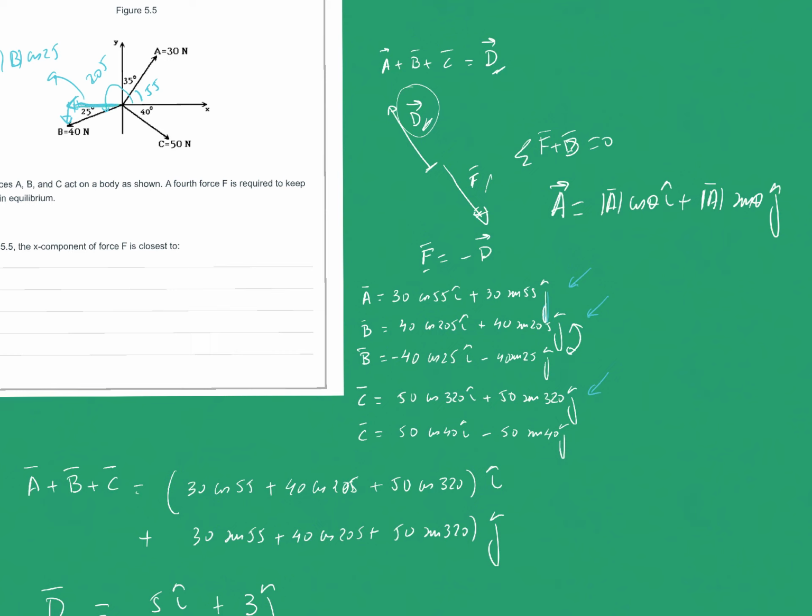The one in the x direction is 40 cosine of 25 in the negative direction. So V can be written like 40 cosine of 25 in the negative direction. And the y part of V can be written like going downwards, 40 sine of 25 in the j direction.